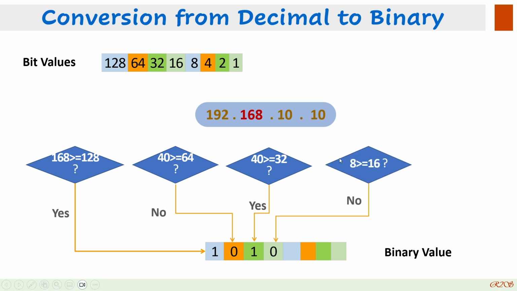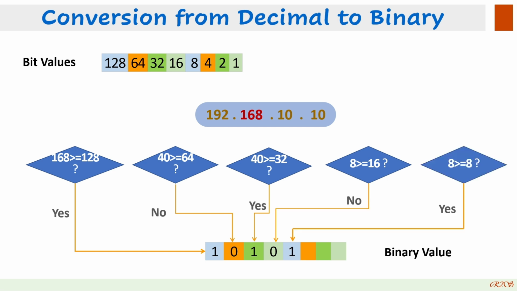Now again we are comparing: 8 is bigger than or equal to the next bit value, which is 16. It is not bigger than or equal, so the answer is no, and we replace that bit with 0. Then we look at the next decimal bit value, which is 8. 8 is equal to 8, so the binary value of that bit is 1 and the remaining are 0.